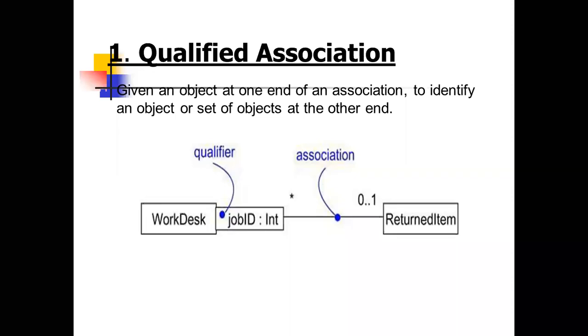The qualifier rectangle is part of the association path, not part of the class. It is the path for the association. The association that consists of a qualifier is called a qualified association. Here you can see the link between this qualifier and that class. This is the qualified association.